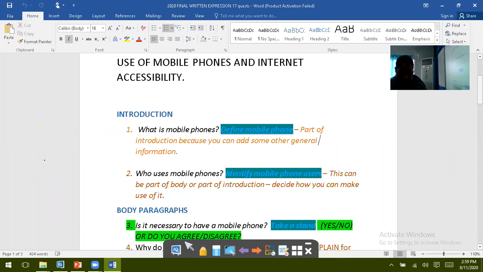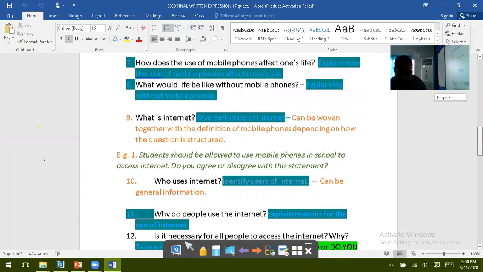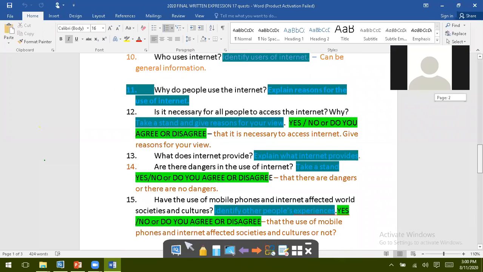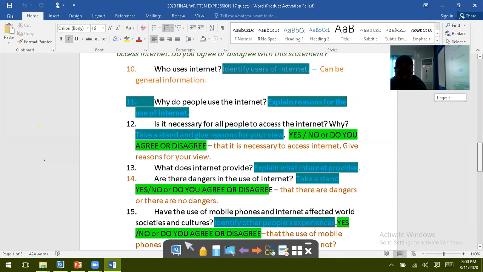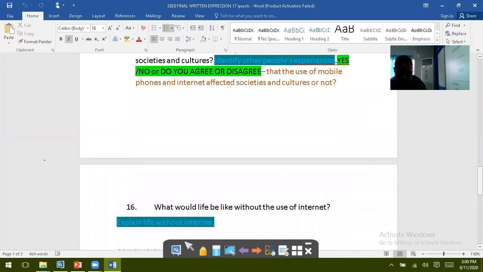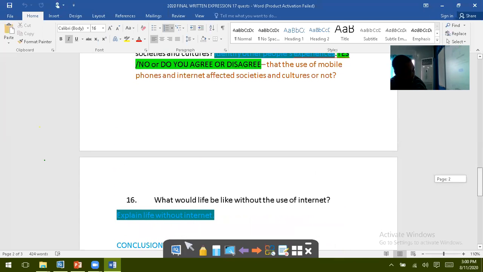There is a question about how it affected cultures somewhere here. What is this question? Have the use of mobile phones and internet affected world societies and cultures? So you need to find out, is there any group of people out there in the world that have their cultures affected in any way because of mobile phones?